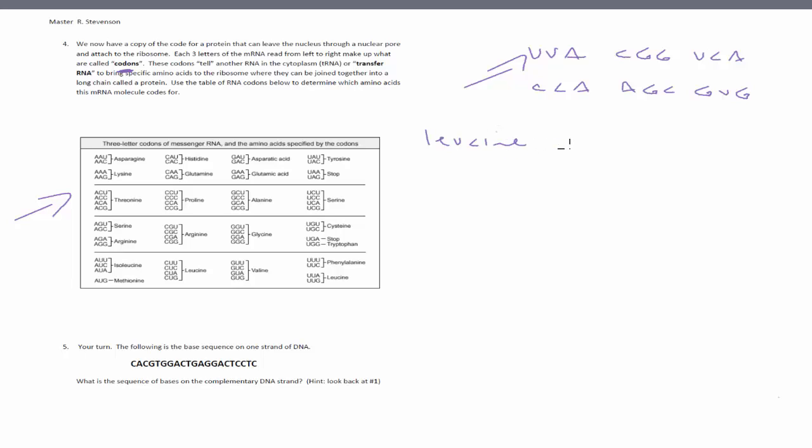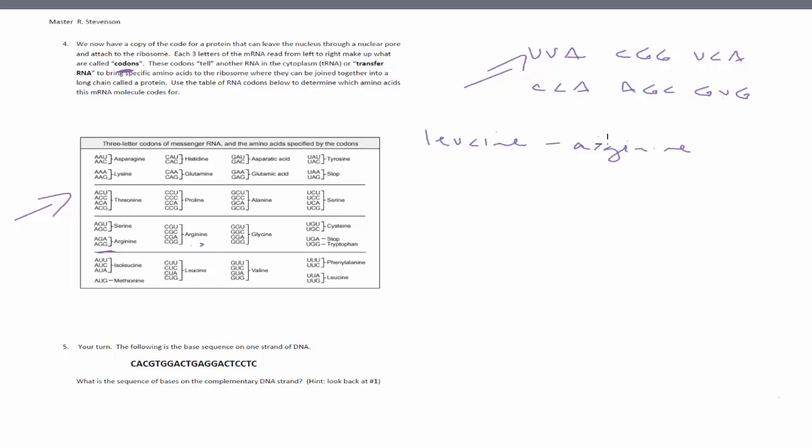That's an L. And it's joined to another amino acid, CGG. CGG is going to be arginine. Right there, CGG. Notice that there's multiple copies of these codons. CGG right here. In either case, it's going to be the amino acid arginine.